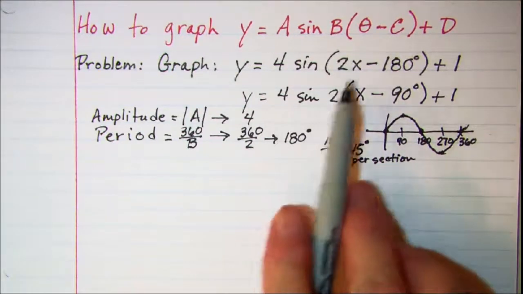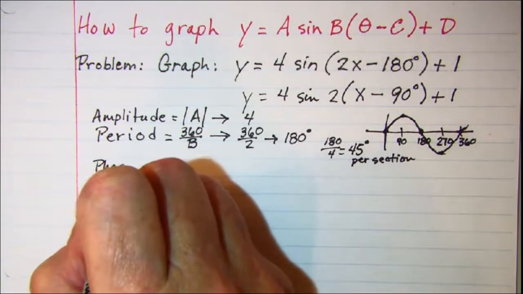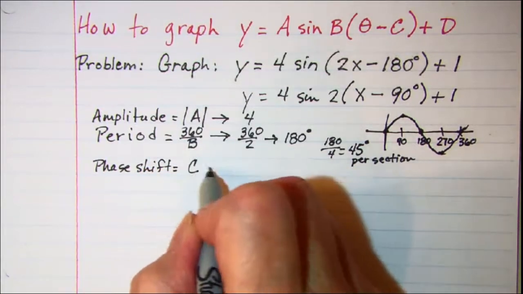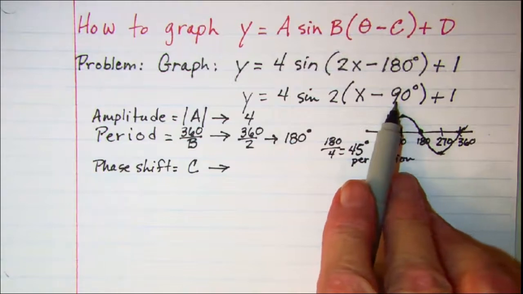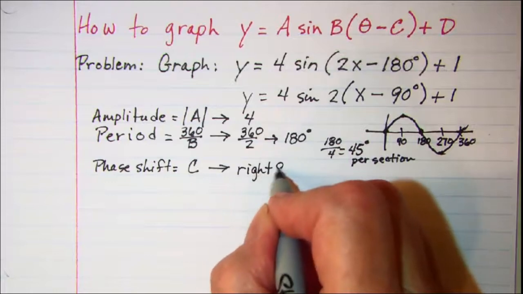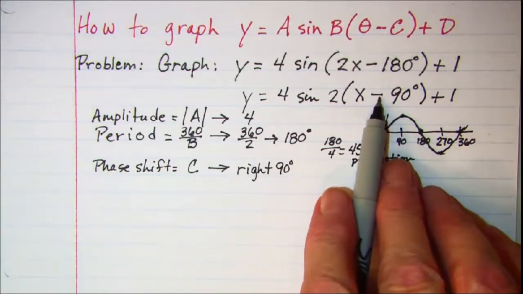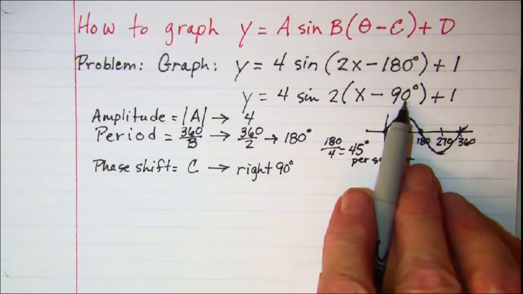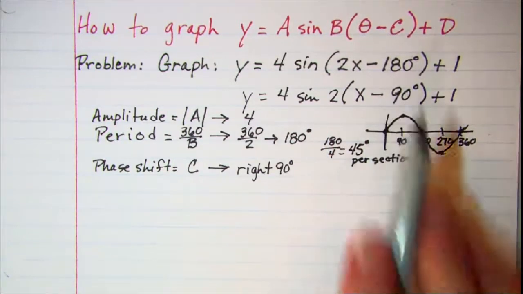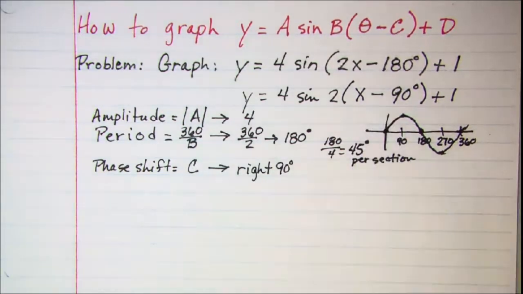Our next thing is our phase shift. So we have a phase shift of C, which in our case is right 90. And remember, that is just opposite of what you would think, since this is a minus 90. We just grabbed the 90 there. If this had been a plus sign, then we would have had to change that to minus a negative.